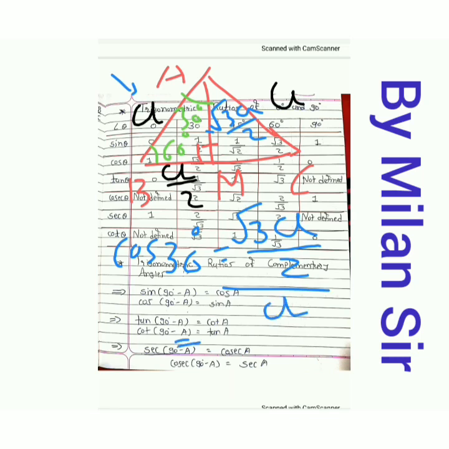So the denominator of the numerator goes to the denominator, then we can write under root 3a upon 2a. So a cuts. So my cos 30 is equal to under root 3 by 2. That I already wrote in my table.